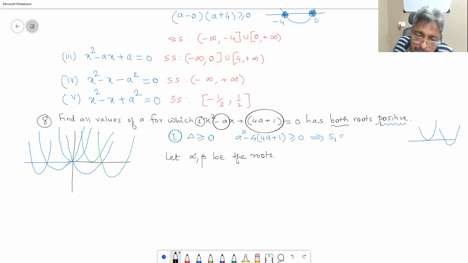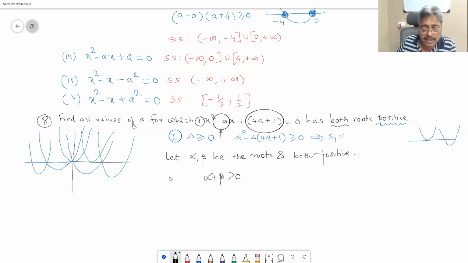So if alpha and beta are the roots and both positive, then alpha plus beta is going to be greater than 0 because both of them are positive. That is what this fellow is trying to tell us.